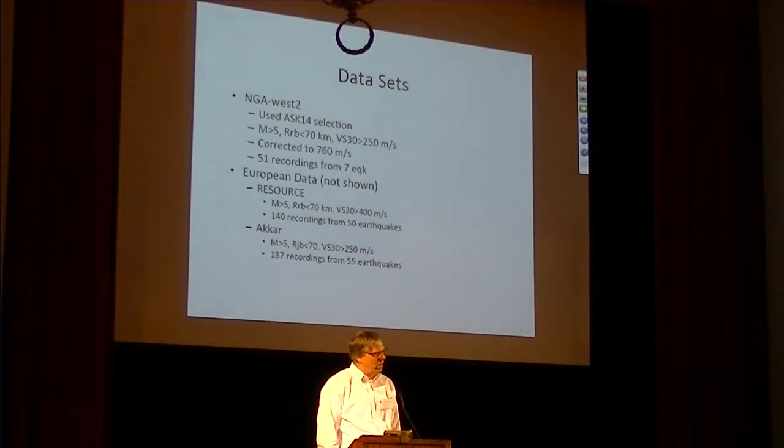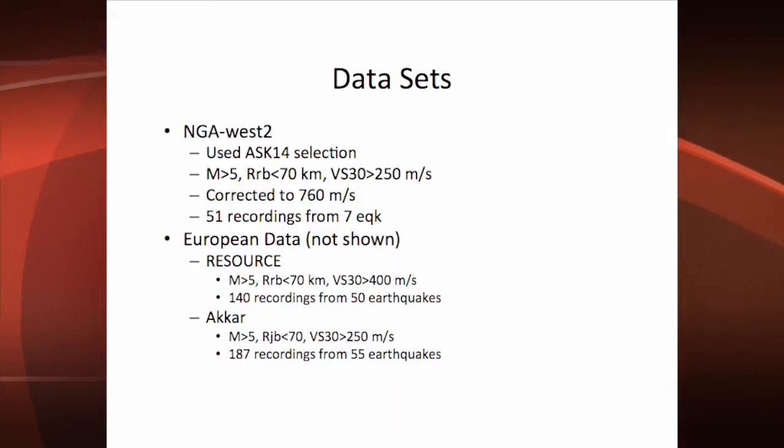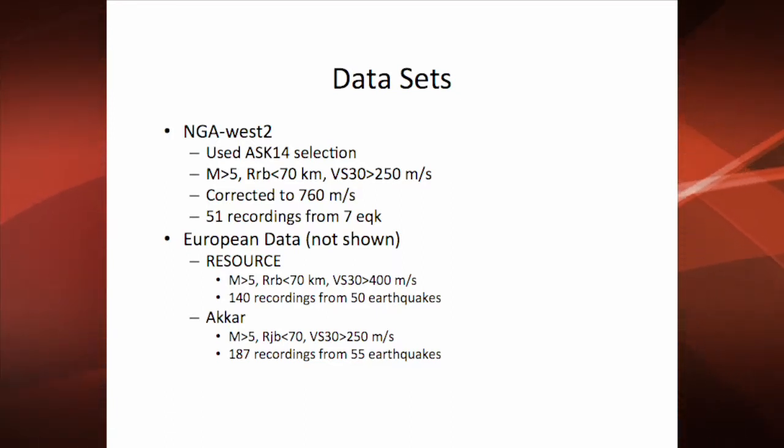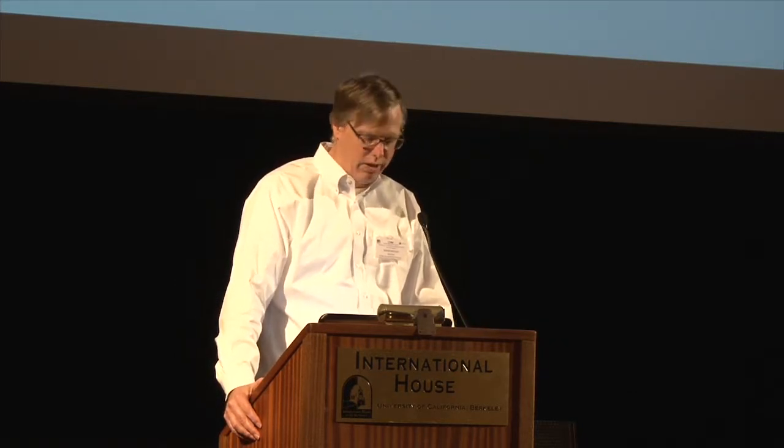We may want to relax that and let a few more go down to 200 meters per second to build up a few more recordings. When you do that, you get 51 recordings from 7 earthquakes. Not a lot to work with, but at least these now all have at least 3 recordings per event. That was one of the criteria I had in my data selection.